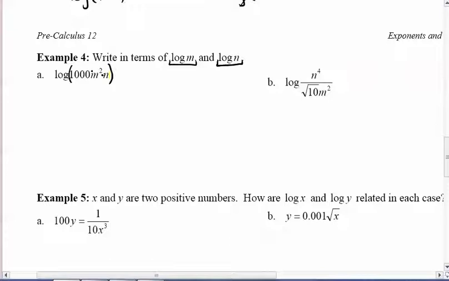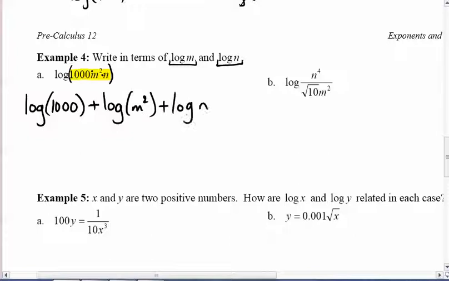Because everything's being multiplied, I'm going to use the product law to break this up into different parts. I can separate the 1000 from the m squared and from the n. When you have multiplication inside of a single log, that's the same as adding a bunch of different logs.